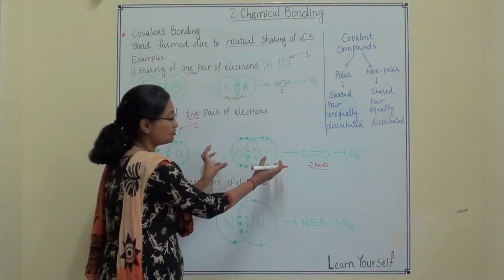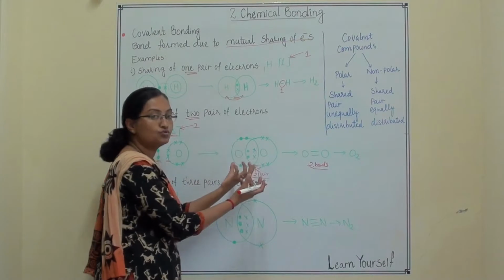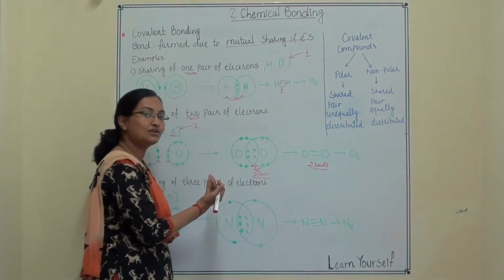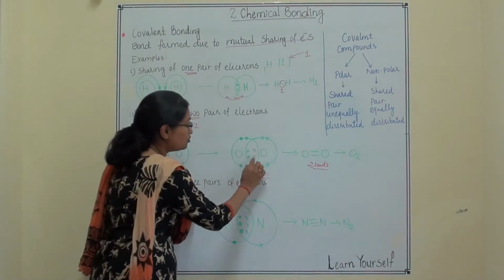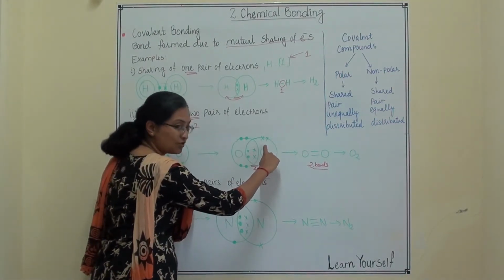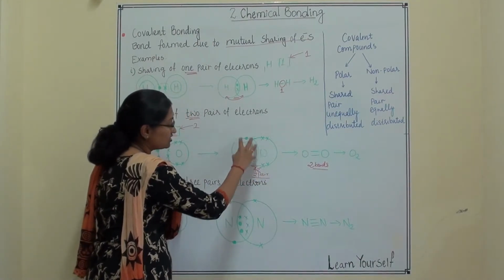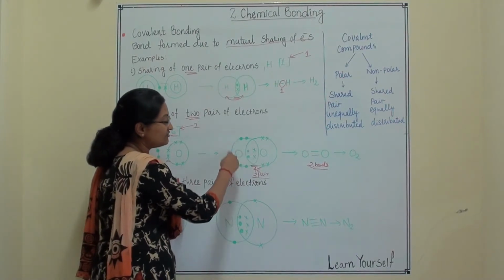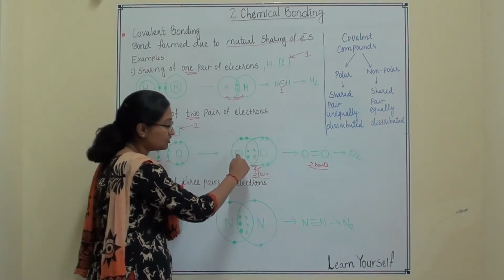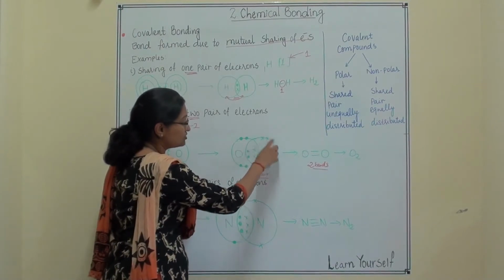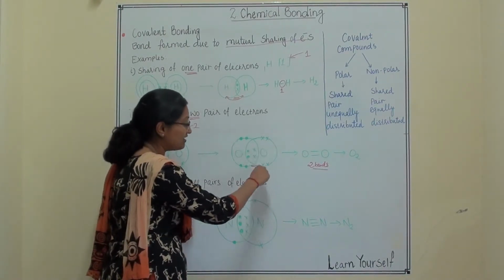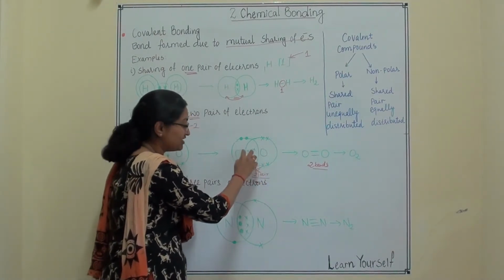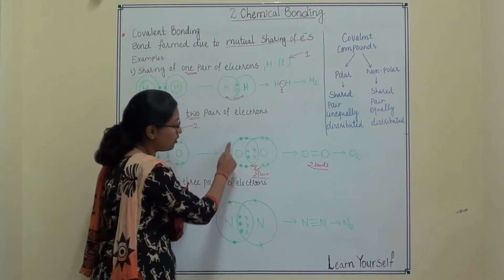This oxygen gives 2 electrons and the other oxygen also gives 2 electrons. The 2 cross electrons are from this oxygen, but when shared, they behave as if they are also in the other oxygen's octet, and the 2 dot electrons behave as this oxygen atom's electrons too. So while sharing, they follow the octet rule.